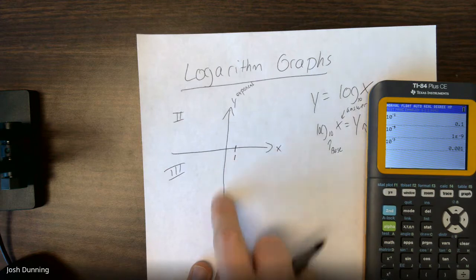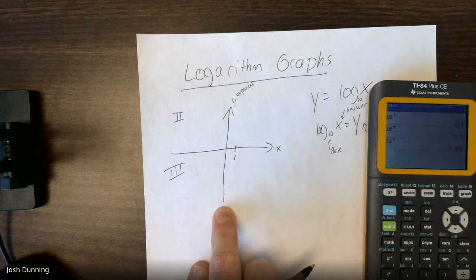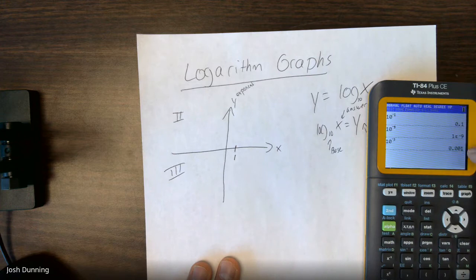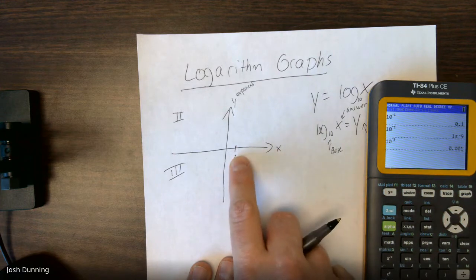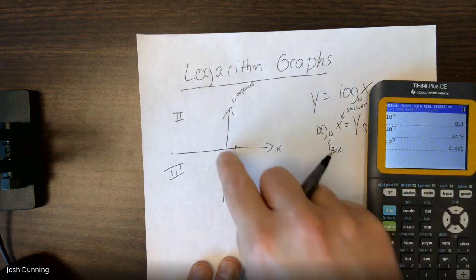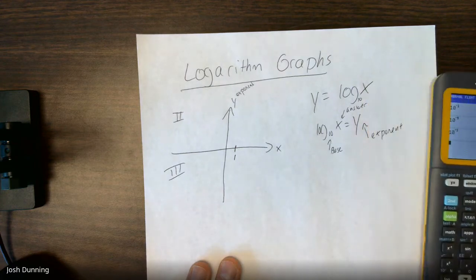When y is negative, you're down beneath the x-axis, I get a fraction or a decimal less than a whole 1. And the further down you are, the more negative your exponent, the teenier and tinier your decimal is.